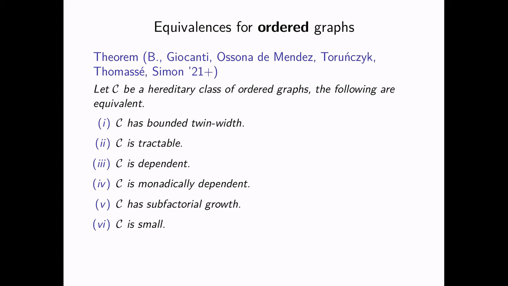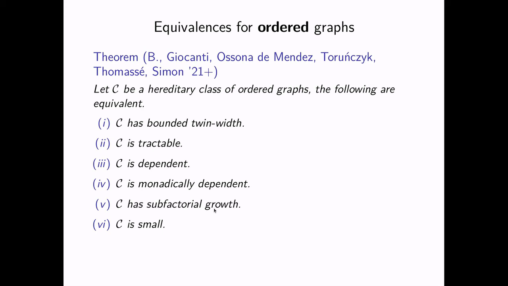But here, when we move to ordered graphs, all those things are equivalent, and they are equivalent to bounded twin-width. So it's equivalent that the class has bounded twin-width, that it's tractable, dependent, monadically dependent, small, and that the growth is less than n/2 factorial, so it has subfactorial growth.